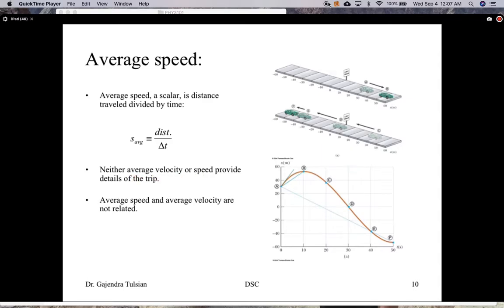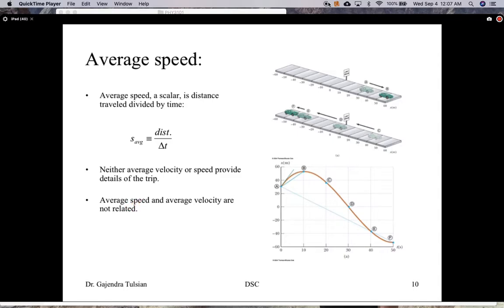Now, neither average velocity nor speed provides details of the trip. You can have an infinite number of different trips which have the same average velocity or speed. So the average quantities do not provide details of the motion.